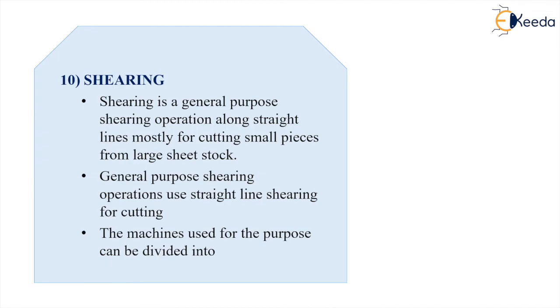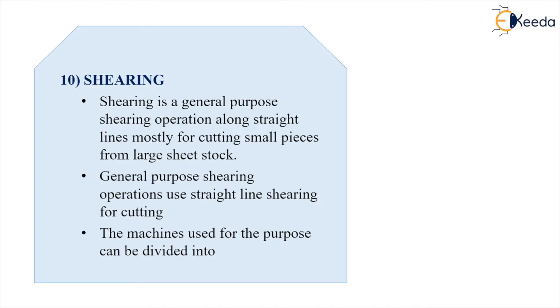So the next cutting operation is the shearing operation. It is generally the straight line cutting operation where the material is sheared or cut mostly along a straight line, and which is used for cutting small pieces from the large sheet stock.